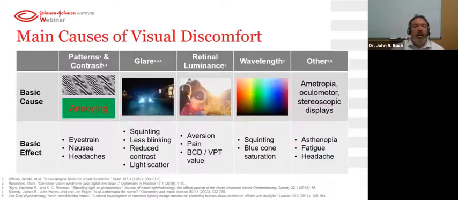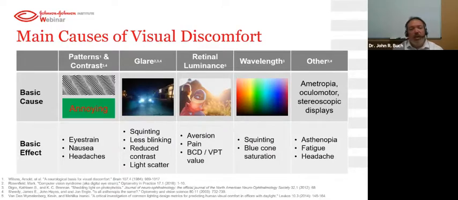So on this next slide, I've put this table together. This is some main causes of visual comfort as they show up in the literature. In that first column, patterns and contrast. If we look at very annoying patterns or very poor chromatic contrast images, they're not pleasant to look at, and it can cause symptoms of eye strain and nausea, as well as headaches.